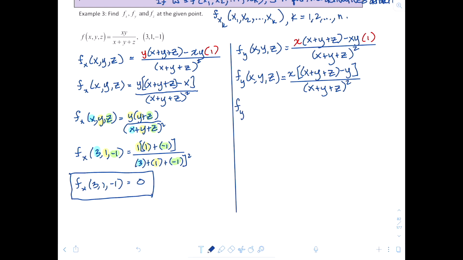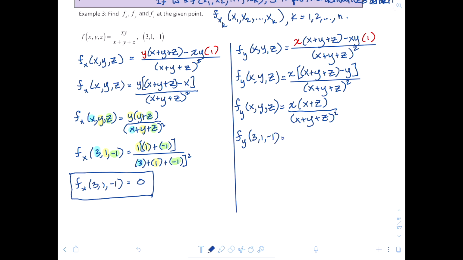So we will get Fy of x, y, and z will be x times the y zero out. So we'll have an x plus z all over x plus y plus z, the quantity squared. So now evaluating in the y direction, that derivative, the slope in the y direction, we're evaluating at what? 3, 1, negative 1.